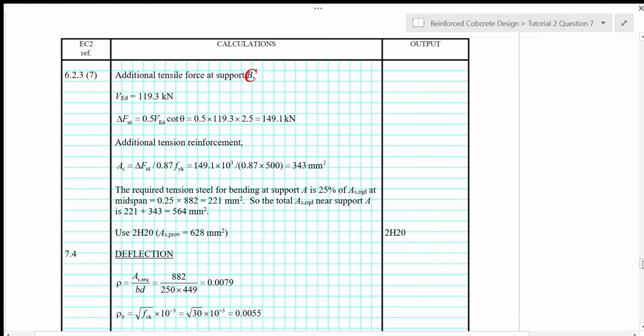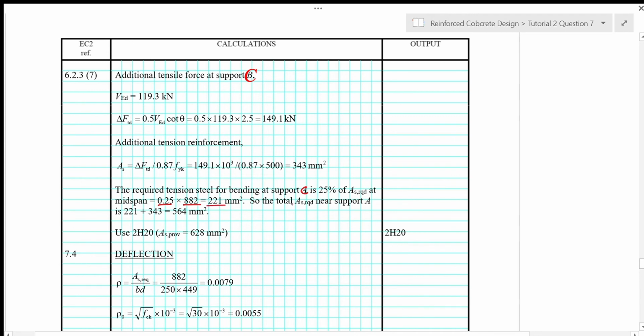Next, we calculate the additional tensile force at support C. So at support C, the shear force is 119.3 kilonewton, and that gives delta FTD of 149.1 kilonewton. So the additional tension reinforcement is 343 square millimeter. The required tension steel for bending at support C is 25% of As required at mid-span, which is 0.25 times 882 to give 221 square millimeter.